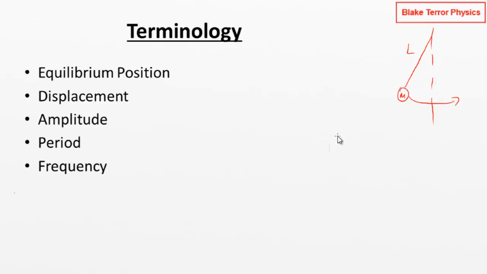So the terminology for the oscillation that we're going to be looking for is, well, where's our equilibrium position? So what point is it oscillating about? How far away is it from the equilibrium position? So that's going to be the displacement, which is the distance from the equilibrium position. And that is going to be a function of time because it's moving backwards and forwards.